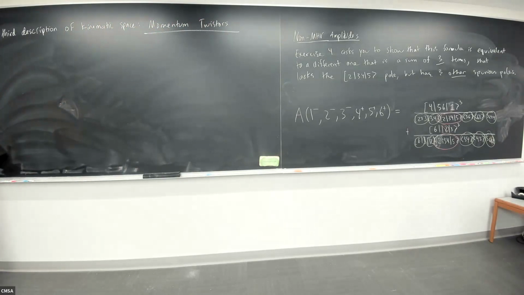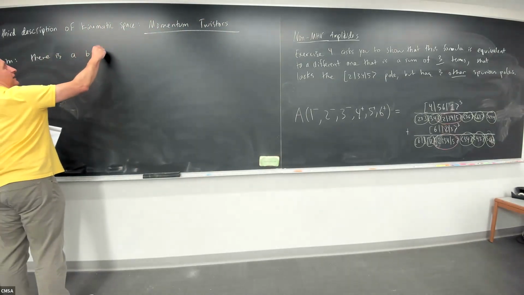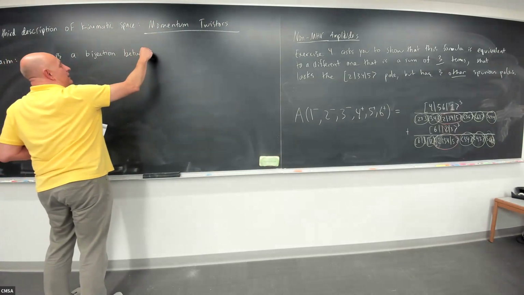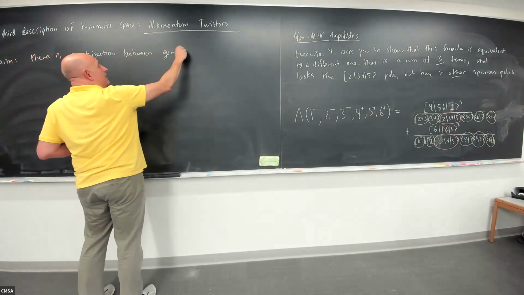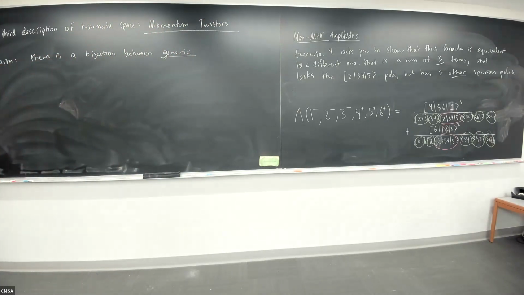So the claim is that there is a bijection between generic. That's a key word that I won't write the exact criterion for what it means, but I think you'll understand what I mean when I'm done.